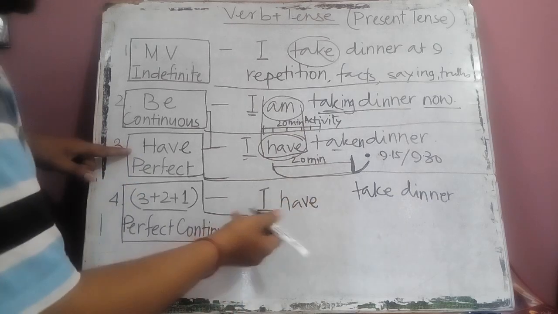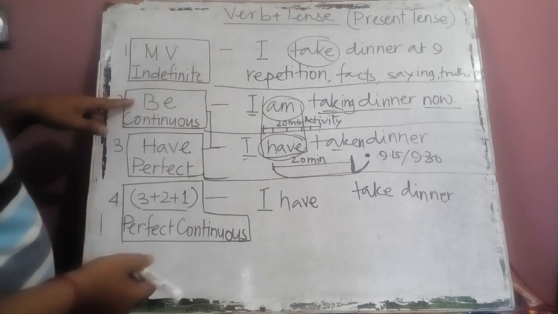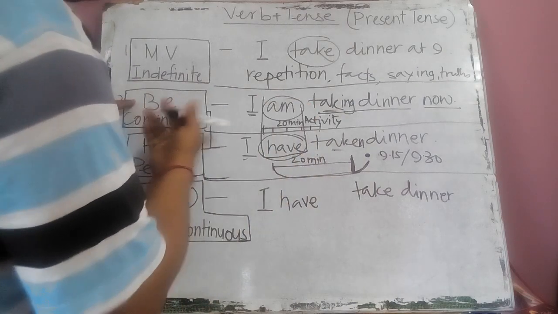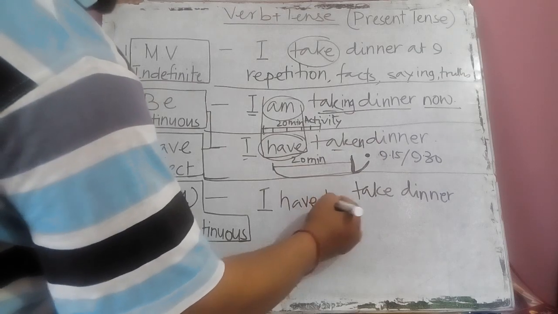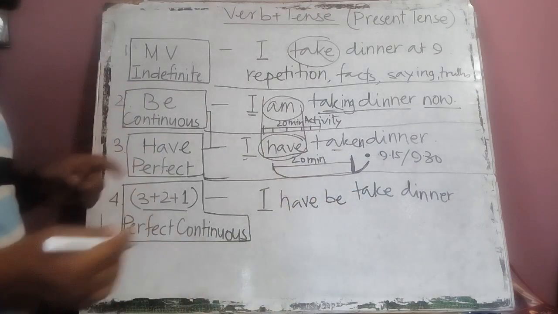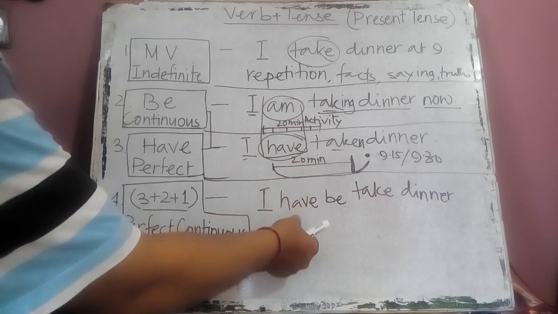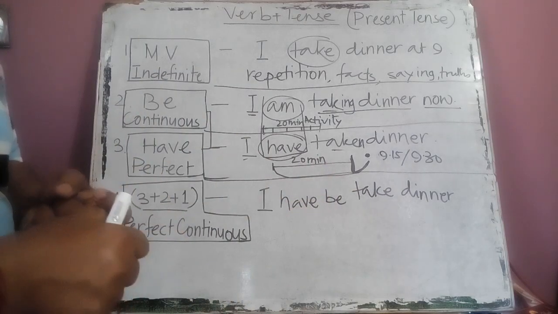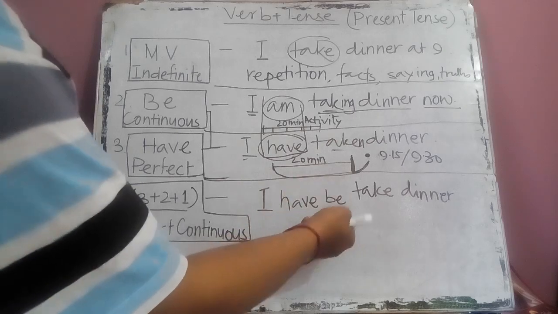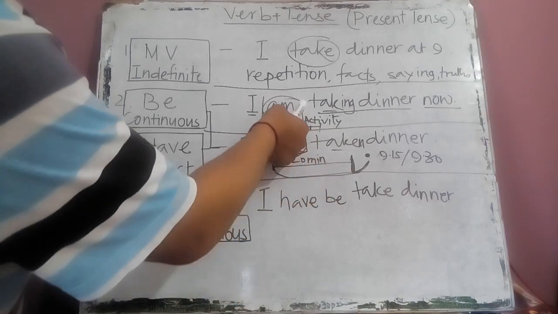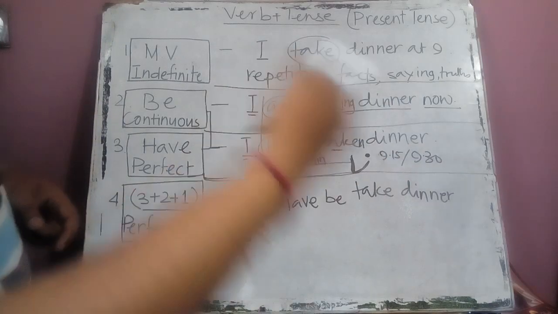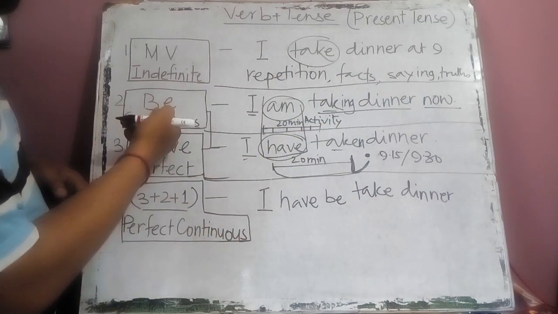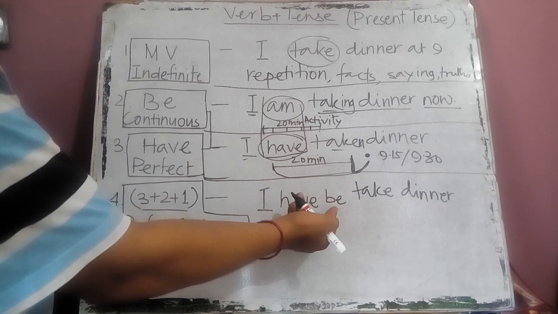First verb is have, for I we use have. Second verb is be. Here it is given as am, but we are going to use the main verb, that is the base verb of be. Why? Because when one auxiliary has already been used, you cannot use the second auxiliary in its forms, but the base form of the auxiliary has to be used.